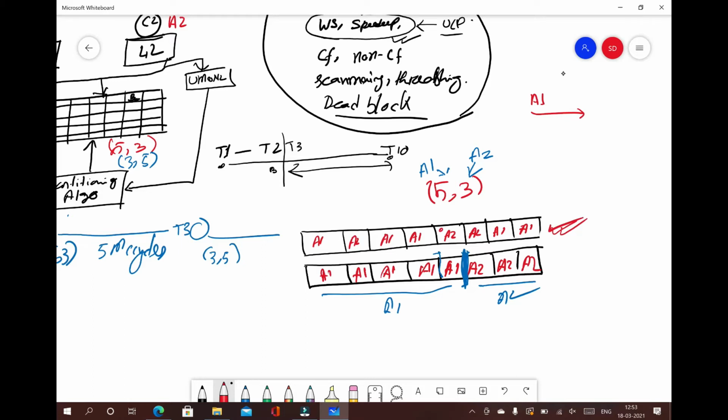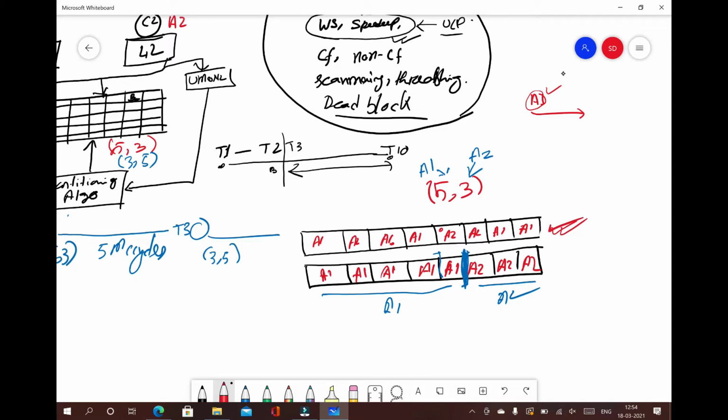According to the LRU policy you would need to evict A2 and insert the newly incoming block in its place, but since according to the partition you have to maintain 5,3, you cannot remove this LRU. Instead, you will remove the LRU from A1 only. For example, suppose the LRU from A1 is this, then you will remove this one and place the newly incoming A1 block here. Why this? Because you have to maintain the partition of 5,3.